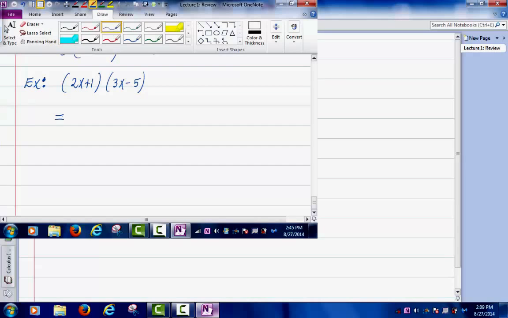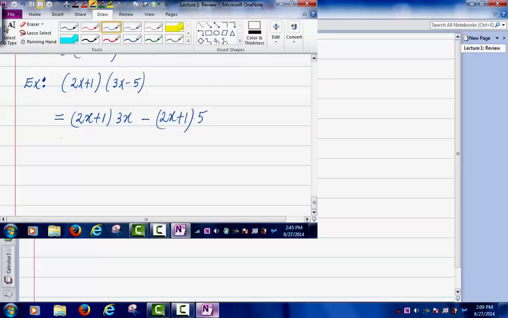I can say that this is the same as 2x plus 1 multiplied by 3x, minus 2x plus 1 multiplied by 5.